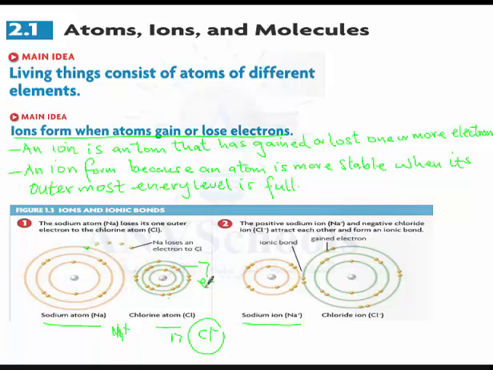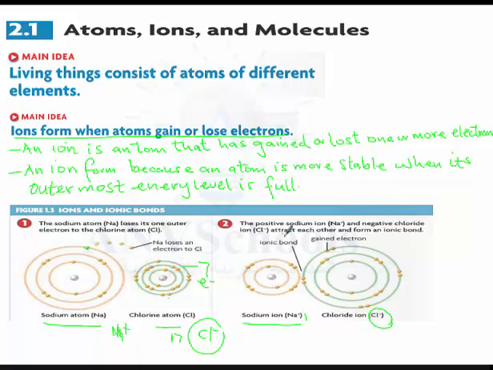So if you receive an electron, you become electronegative, and when you lose it, you become electropositive.